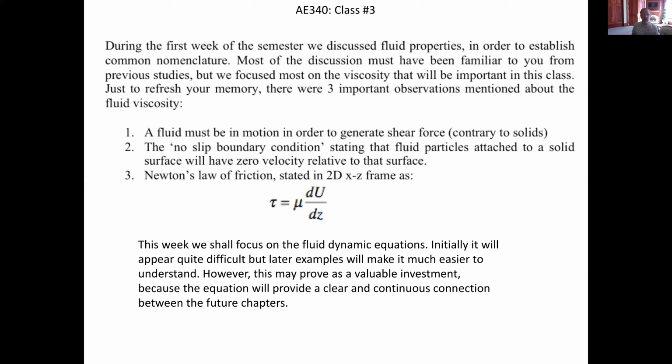Therefore, we develop a velocity profile, which appears to be linear. And then we see Newton's friction law: the shear is equal to du/dz, the velocity gradient, of course, multiplied by some viscosity, which is mu. We discussed that; I'm just repeating it.